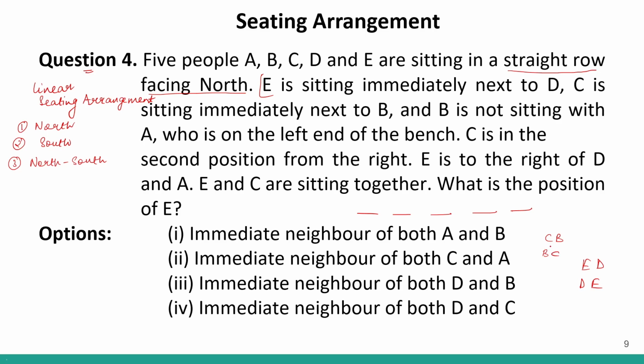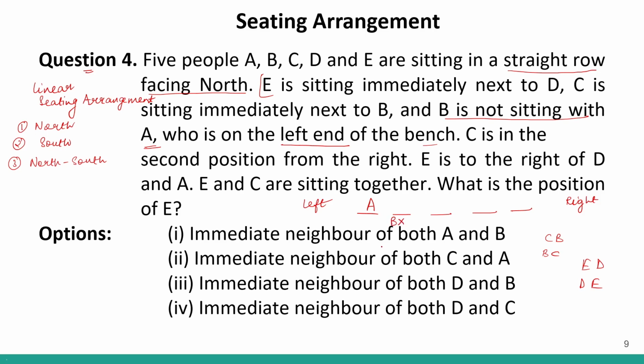And B is not sitting with A, who is on the left end on the bench. So this is your left and this is your right, correct? So A will be over here. And now we know that B is not sitting with A, so B cannot be in this position.